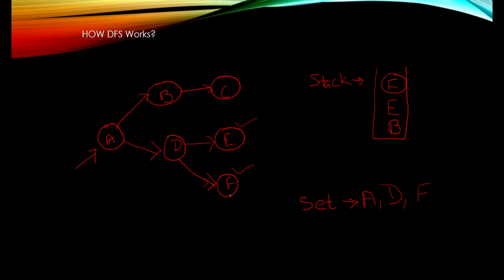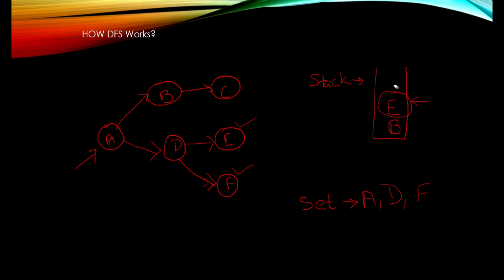This is the last vertex in this depth. There is no child of F, so it means that I have traversed this path. Since I have popped F out of this stack and there is no child of F, I'm not adding anything. The next traversal, I will pop whatever is remaining in the stack. The next element in the stack is E, so let us pop E out of the stack.